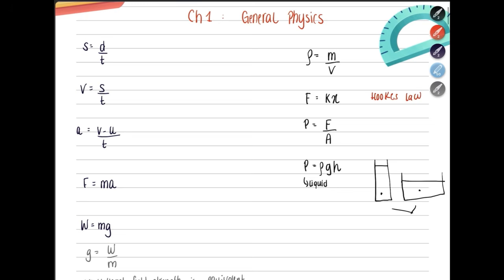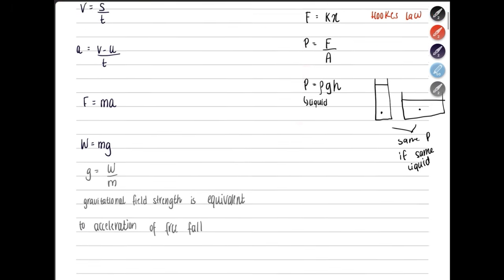So both of them have the same pressure if the liquid is the same. Because if the liquid is different, for example, if you have oil and water, they will have different density, right? So the density changes, the pressure will change as well. Sometimes in questions, you have to equate both of them to find the unknown value as well.